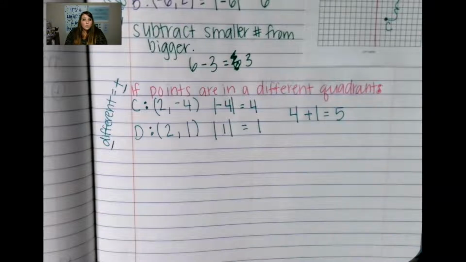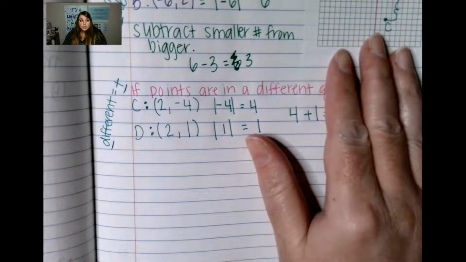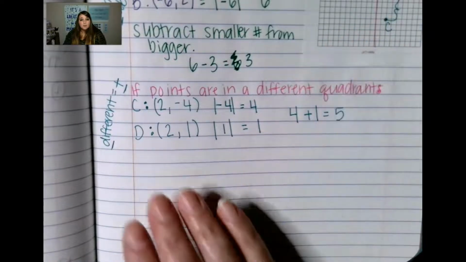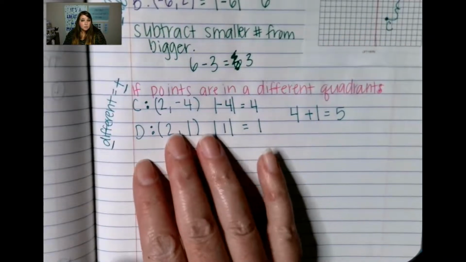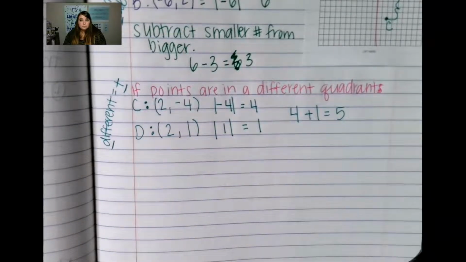But they don't always give you graph paper or show you. Sometimes they have you find the difference when they just give you the ordered pairs. At that point, you could graph them and then count if you wanted to. Or not. It's totally up to you how you want to solve these and what you're most comfortable with.